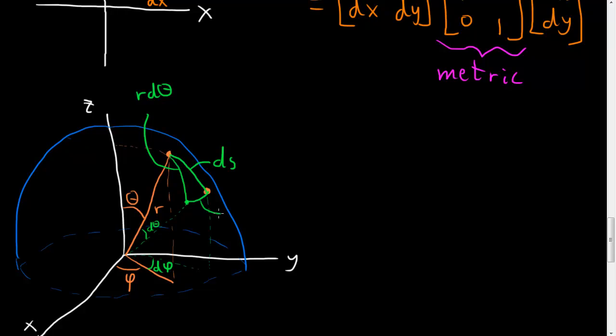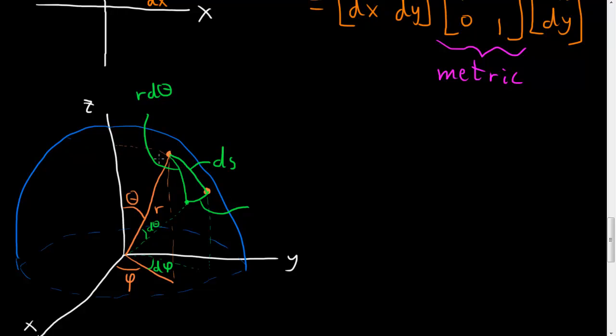And this one over here is also a circular slice, taking a slice parallel to the xy plane, a slice like this. And that circular slice has a radius of r sine theta, because r sine theta gives the radius.